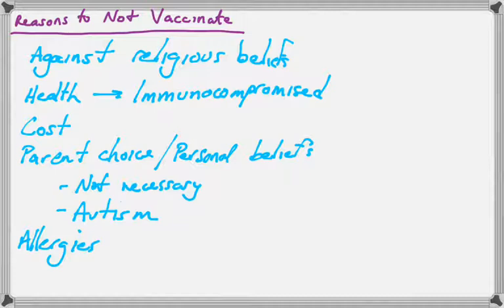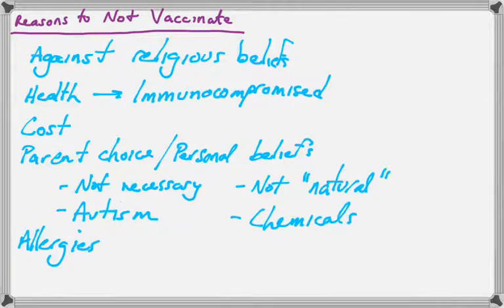I'll put in one more. Not natural, which I don't know what's more natural than a virus, but that's just my opinion. Somebody might argue the chemicals that are used occasionally for preservation or to inactivate certain viruses as another argument. It's a pretty good list.